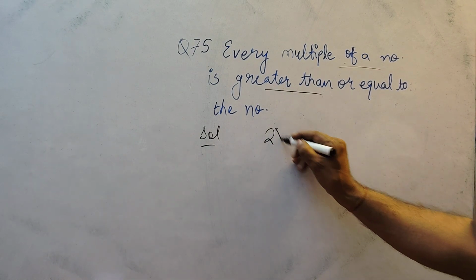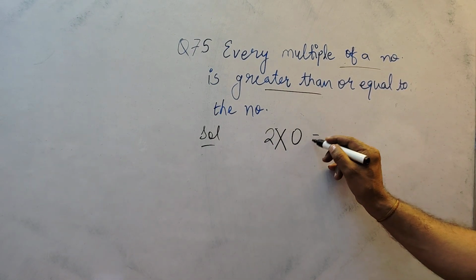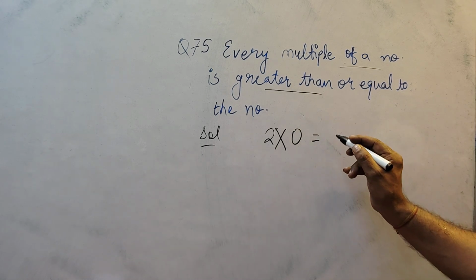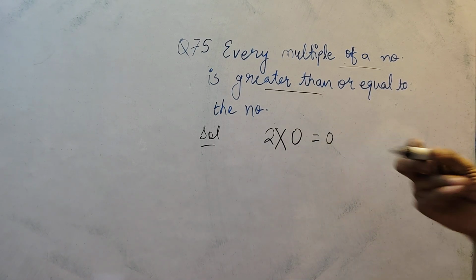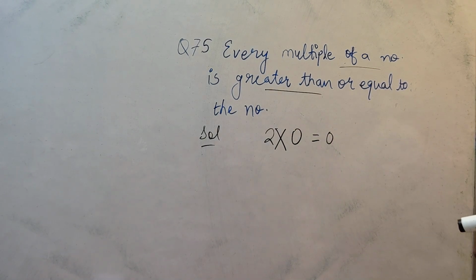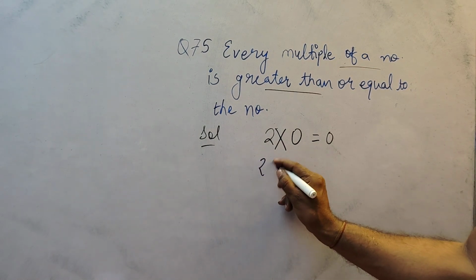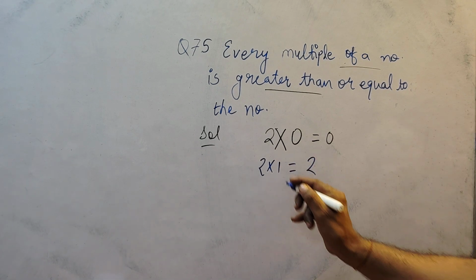So if we multiply this 2 with 0, can we say it is greater than 2? No, in that case it is smaller than 2. So that's why it is not true. If we take 1 as the multiplier, the product is equal to the number.